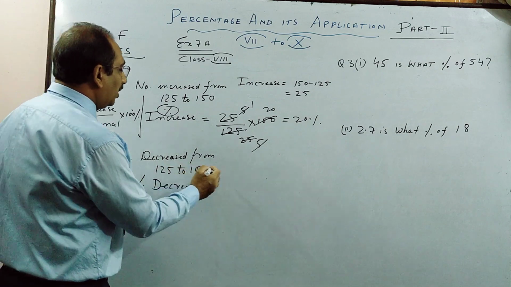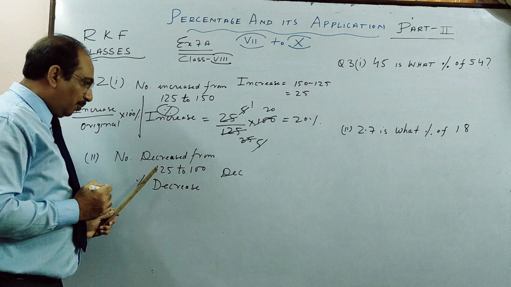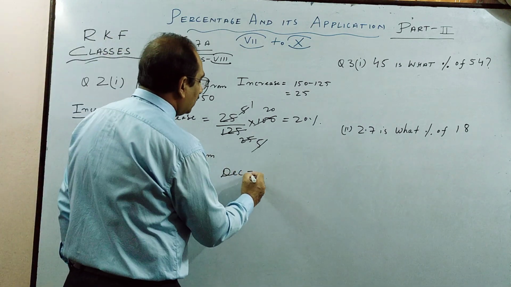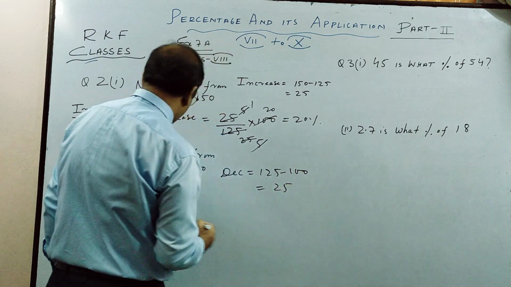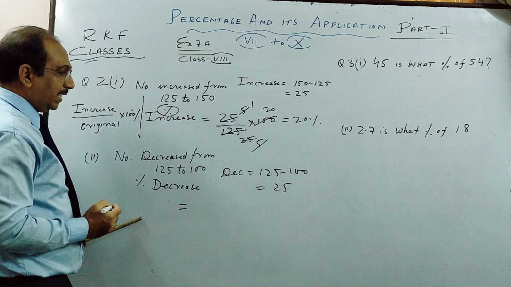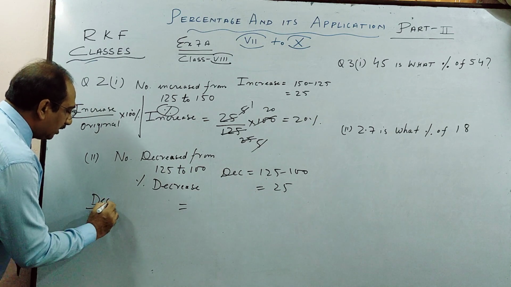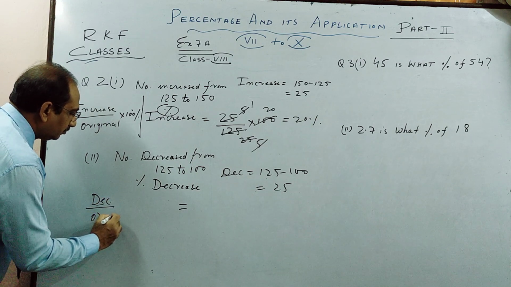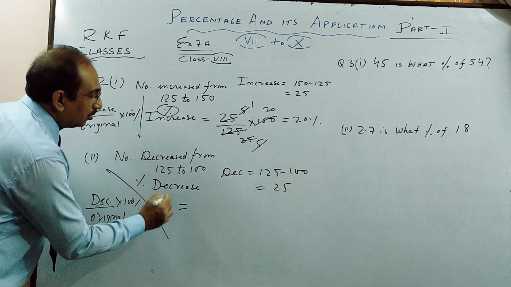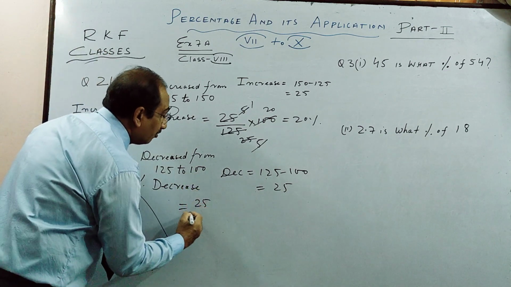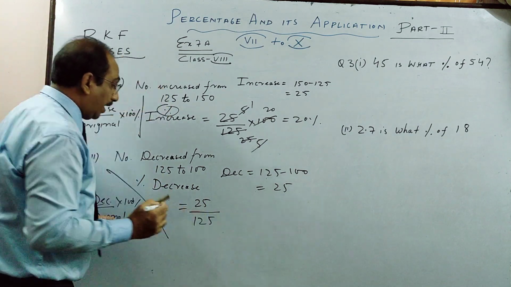Here a number decreases from 125 to 100. So what is the decrease? The decrease is 25. What is the decrease percent? Here the formula will be decrease by original into 100%. So the decrease is 25. What is the original? Again it is 125.